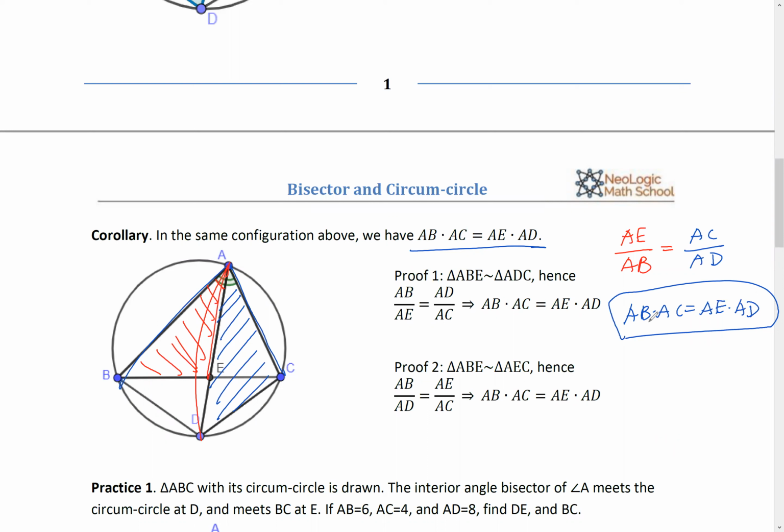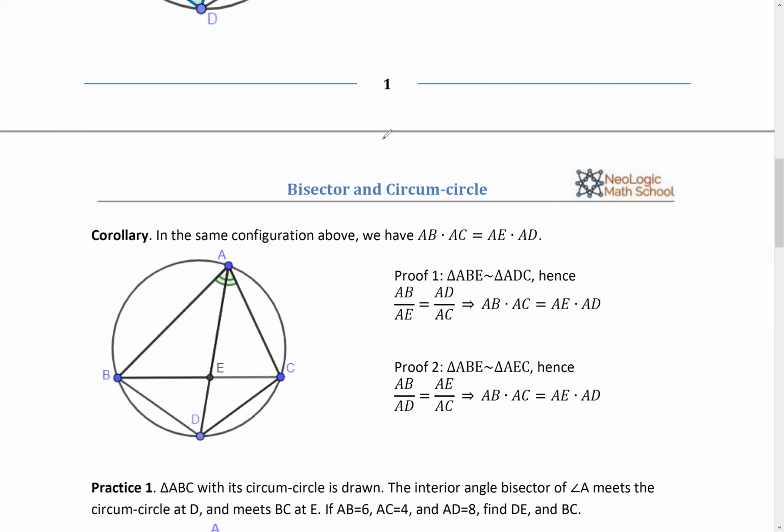Very nice formula. It opens the possibility to calculate some more segments when you have a circumcircle in the graph. What do I mean? For example, in the past, if I tell you this is B, this is C, there are three sides of the triangle, this is A, you can calculate AE with the angle bisector length formula.